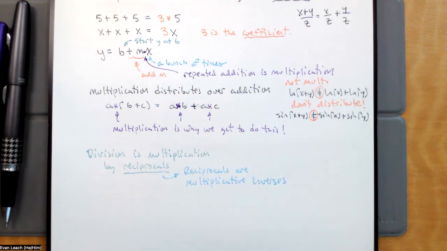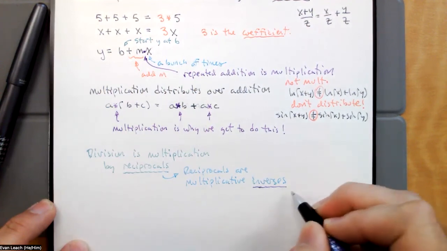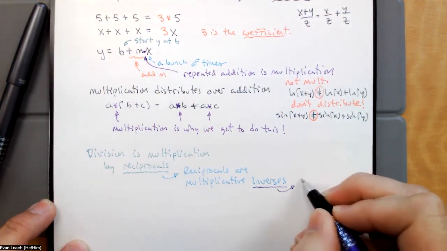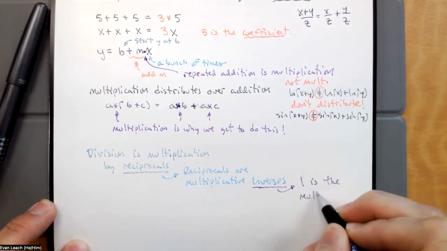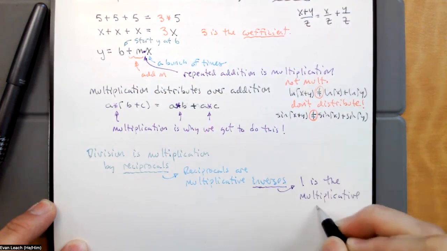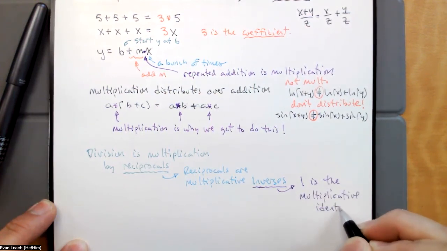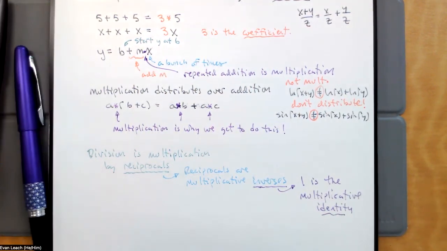The multiplicative identity is 1. One is the multiplicative identity because it doesn't do anything under the operation of multiplication.